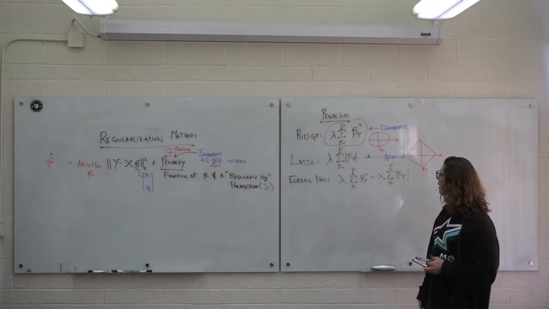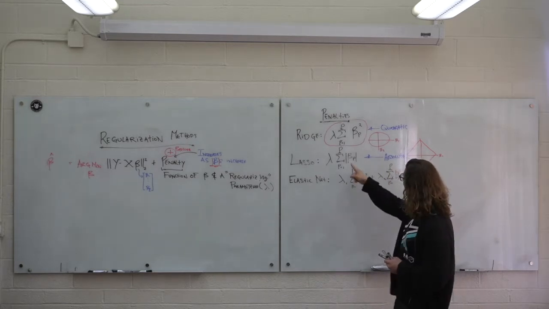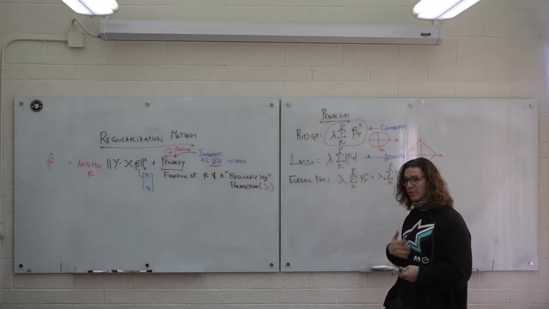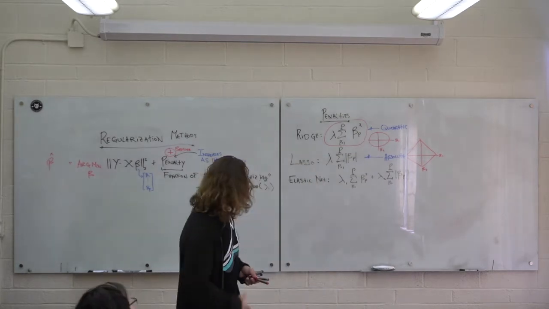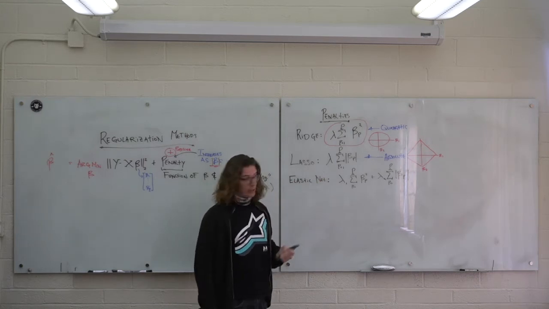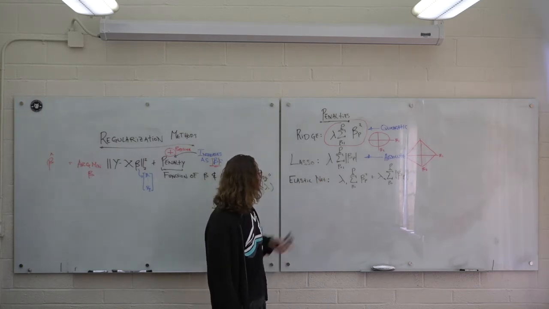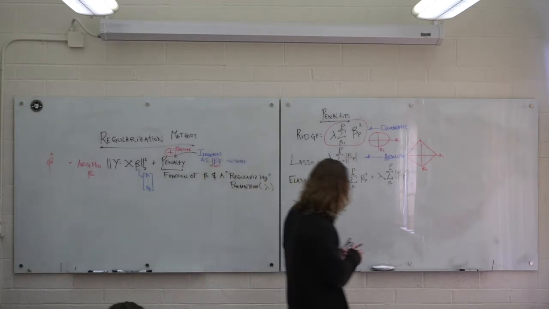For Lasso, the only difference is this absolute value sign. That seems like a trivial difference, but you can't do calculus with that. And so you're going to need an iterative algorithm to find the solution for Lasso, where for Ridge, we know how to write down our solution.